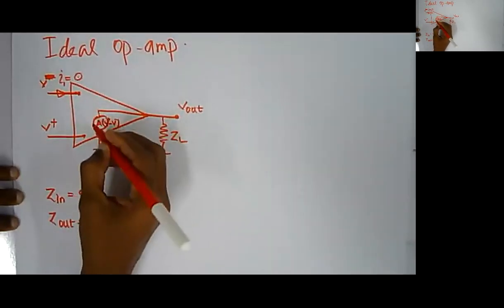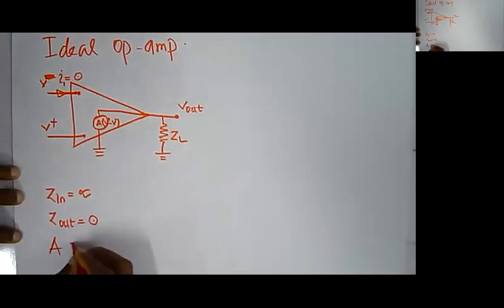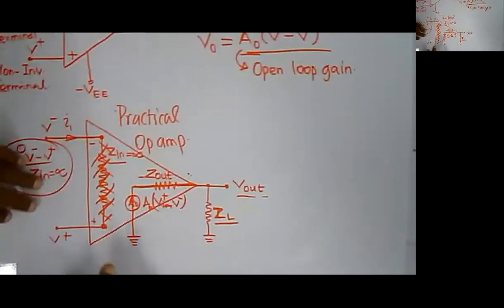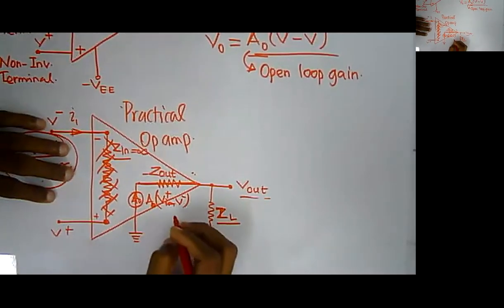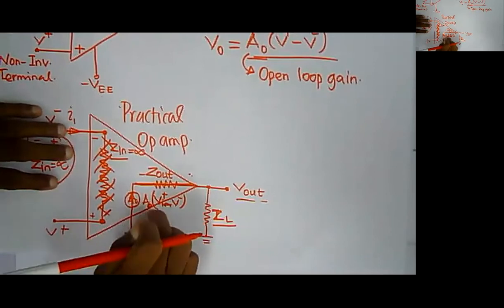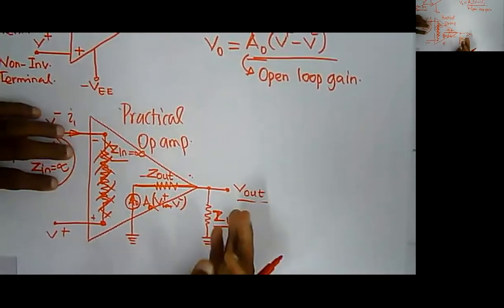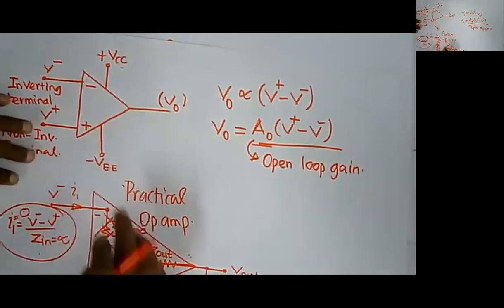Next, we assume that for an operational amplifier, the voltage gain A is also infinity. Look at here. In a practical amplifier, we have the AO, the open loop gain, which has a finite value. For example, it could be 5,000, 10,000 or 20,000, and this will be my V out.